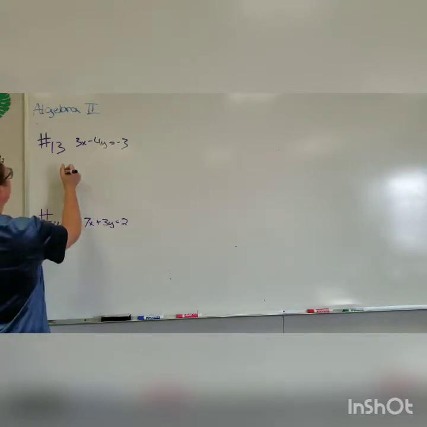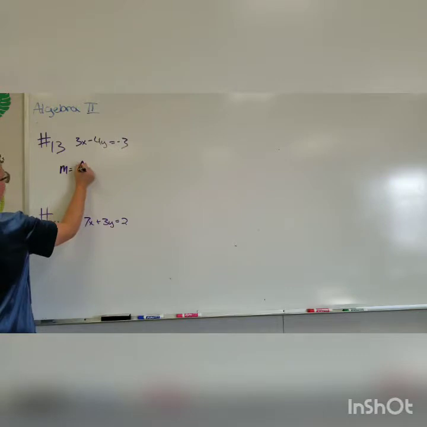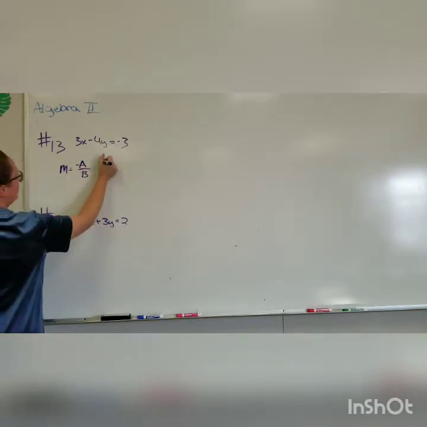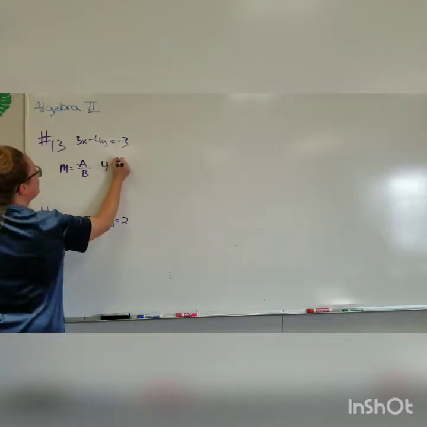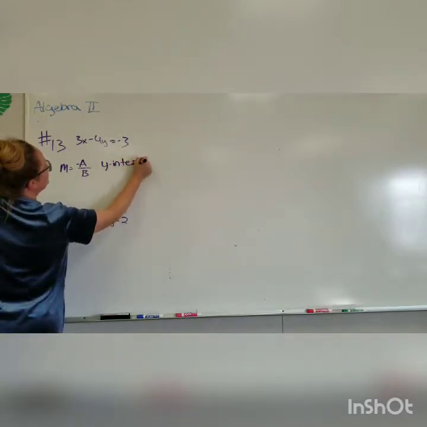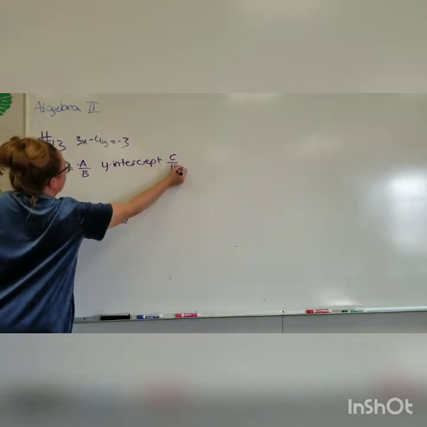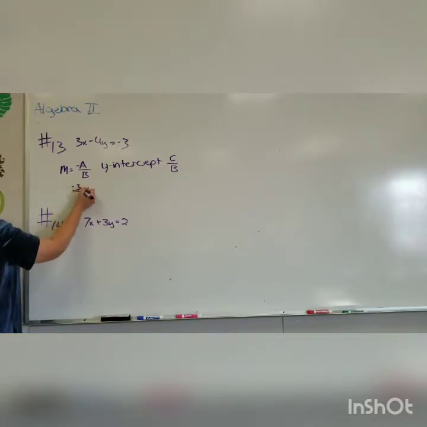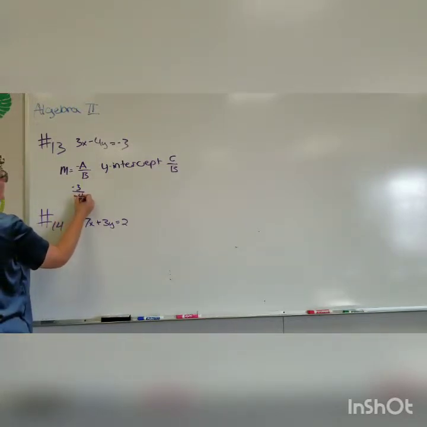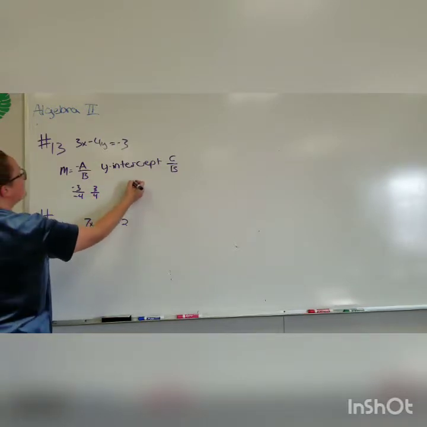So remember, slope in these is equal to negative a over b, and y-intercept is equal to c over b. So in this problem, a is 3, so negative 3 over b, which is negative 4. Two negatives make a positive, 3 over 4. And this y-intercept is equal to c over b.